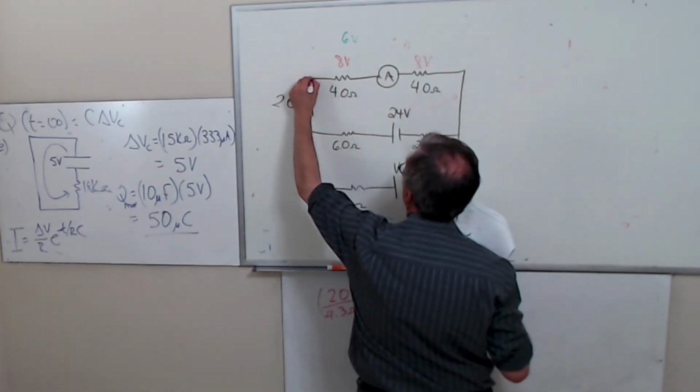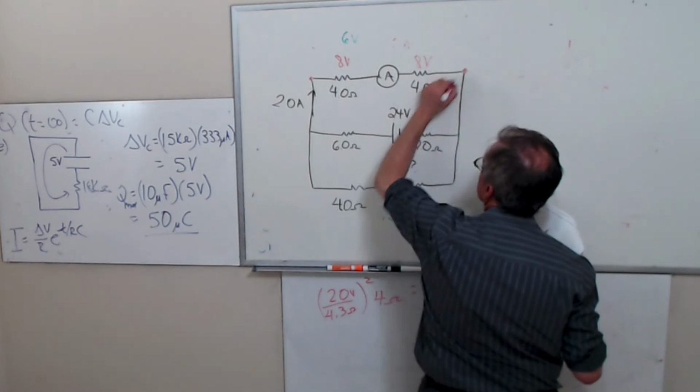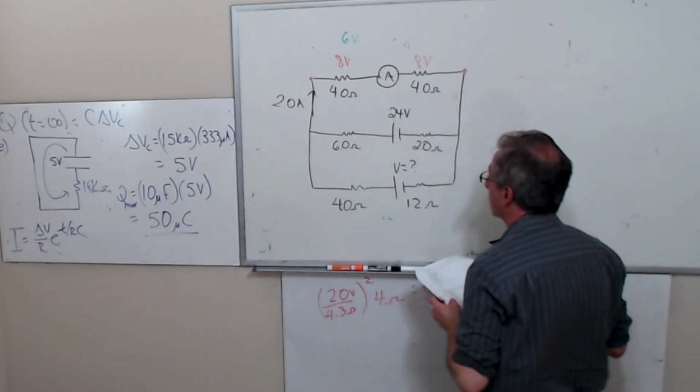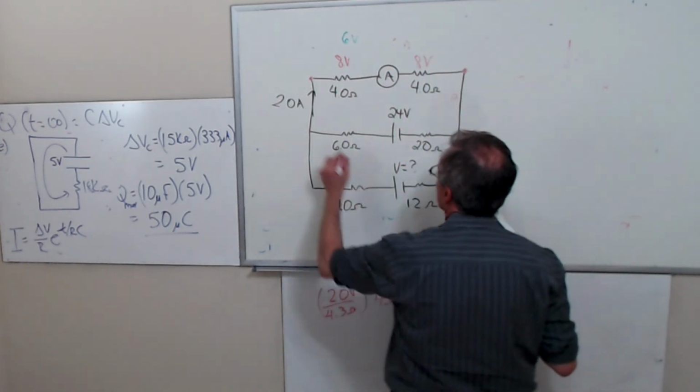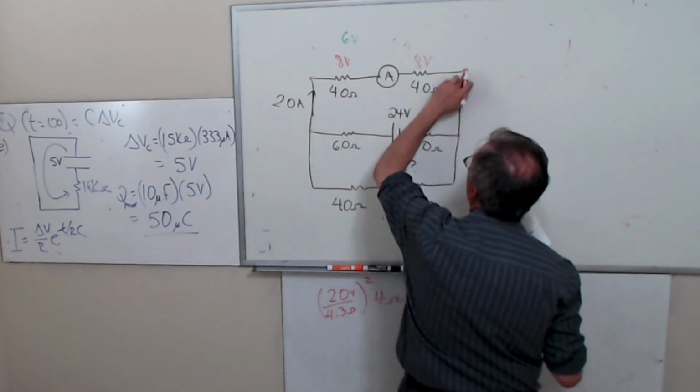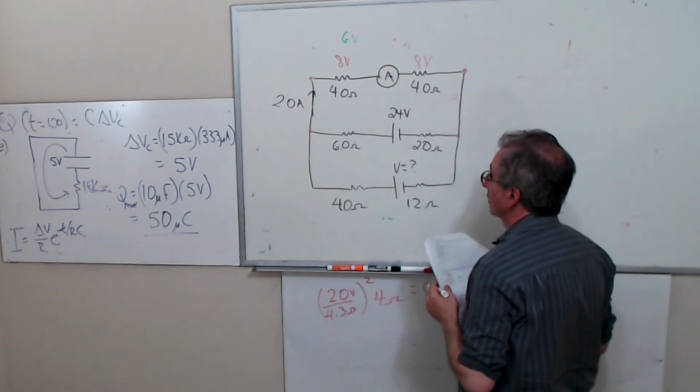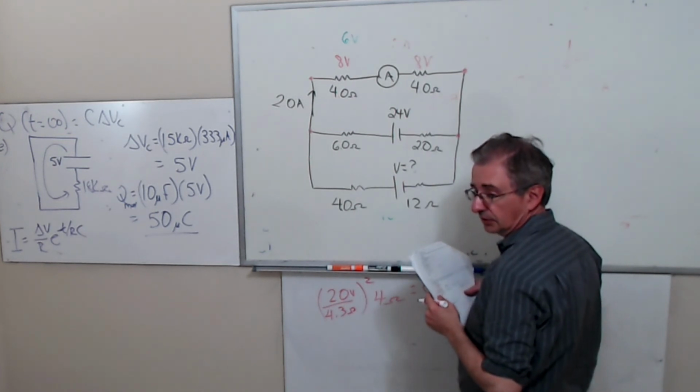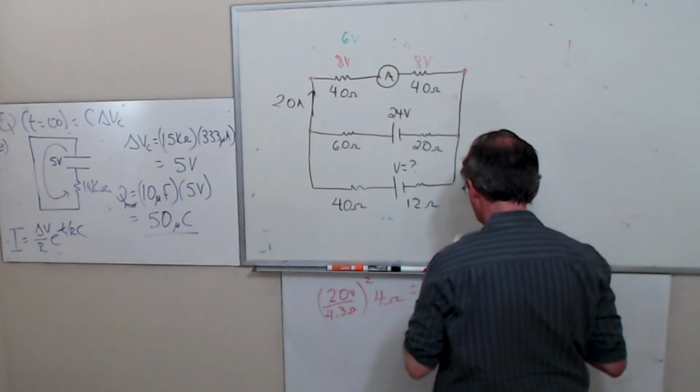And then the voltage drop between this point and this point is 16 volts, right? Right, from here to here, it drops 16 volts. Does that make sense? Yeah.